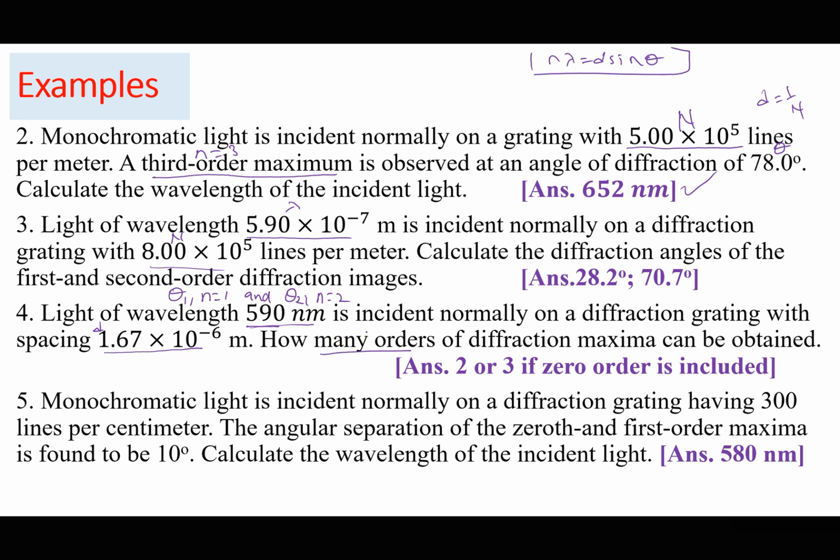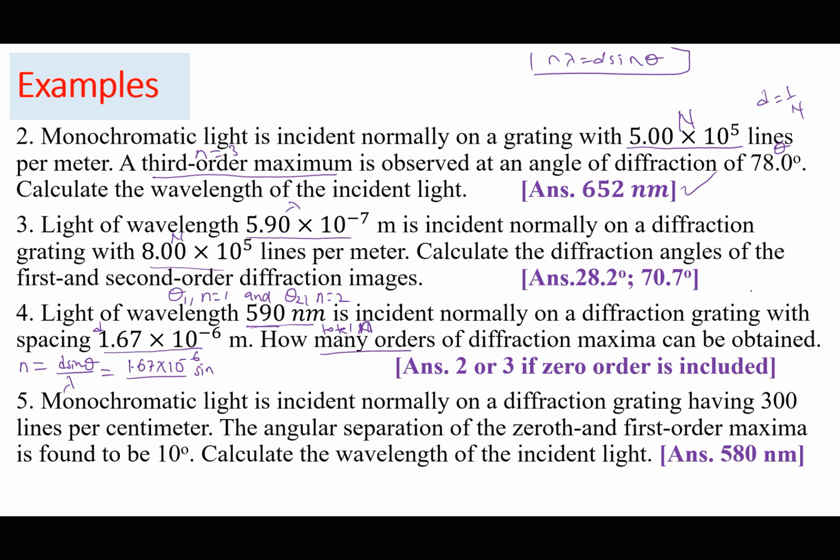So we want the total value of small n. Of course I will make n the subject. n is going to be d sine of theta divided by the wavelength. So d is 1.67 times 10 to the power of minus 6 times sine of theta.